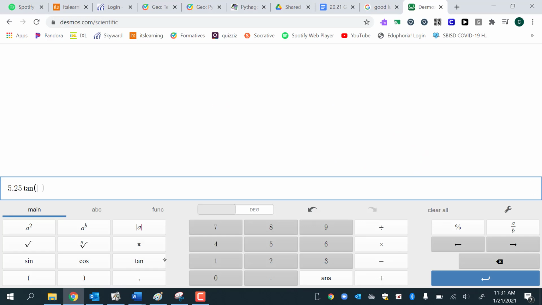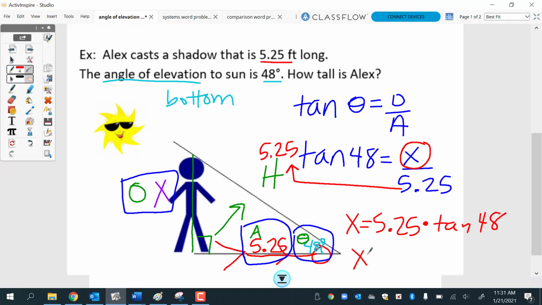Over here it says 5.83. So we're going to say 5.8, and that's my answer. So it's the same thing we were just doing, but now it's going to say angle of elevation, and that tells you where to put your angle.